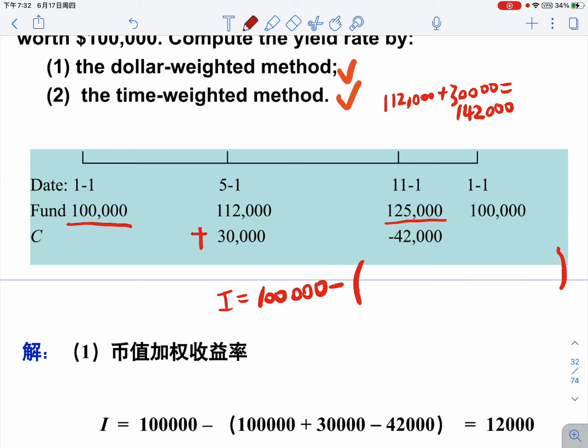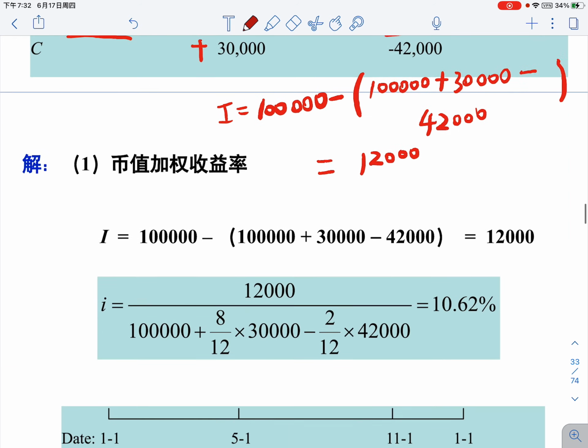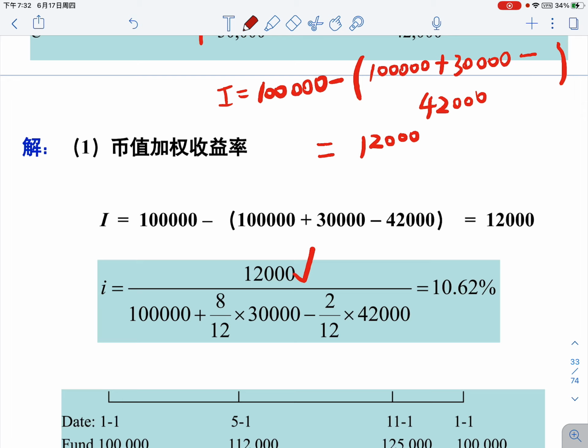We don't consider the value of time, we just add or subtract them. So we have 100,000. First we deposit another 30,000, and then we withdraw 42,000. And so let's get the interest, which is this number.